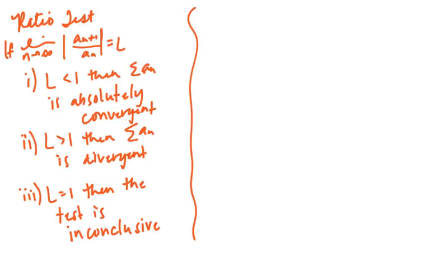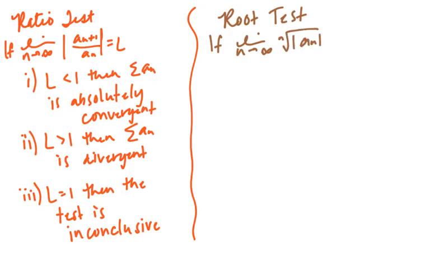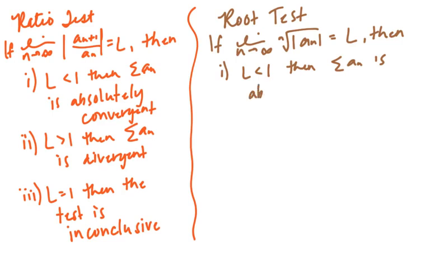Now we're going to look at the root test, but I wanted to compare it to the ratio test. The root test looks very similar to the ratio test, but it says if the limit as n approaches infinity of the nth root of the absolute value of a_n equals L. Now this is the nth root. There can't be a number there. It is always the nth root. Case 1, if L is less than 1, then the series is absolutely convergent.